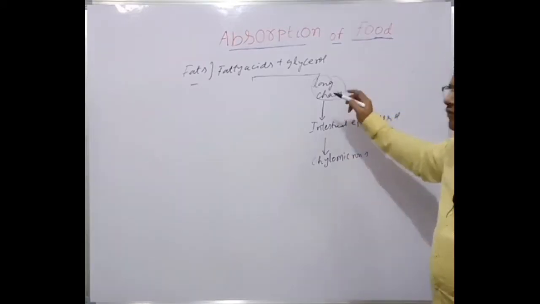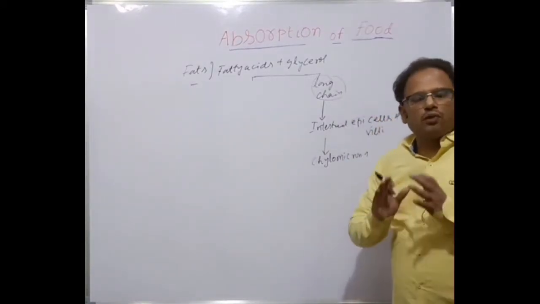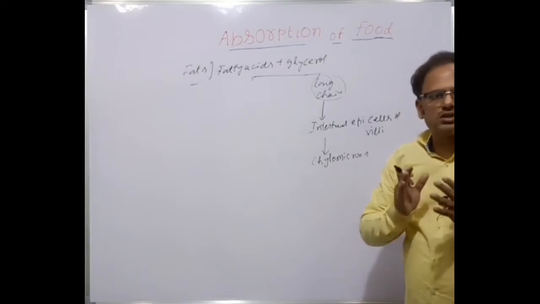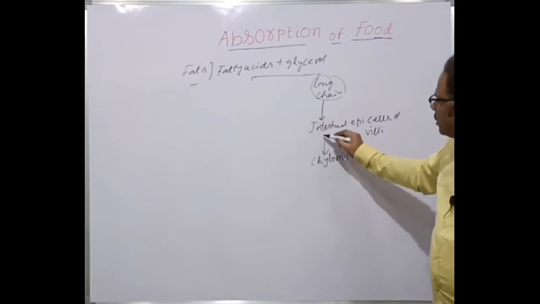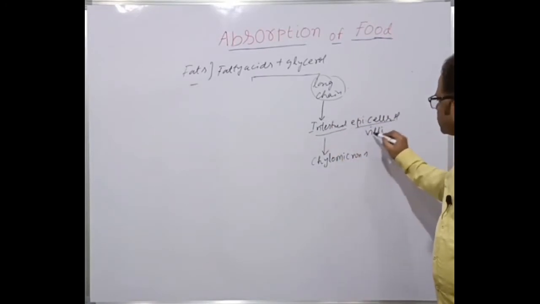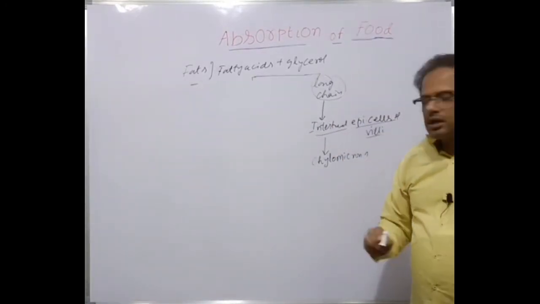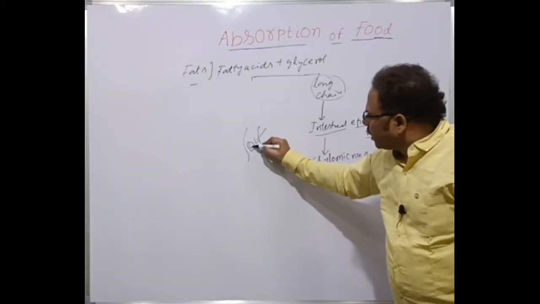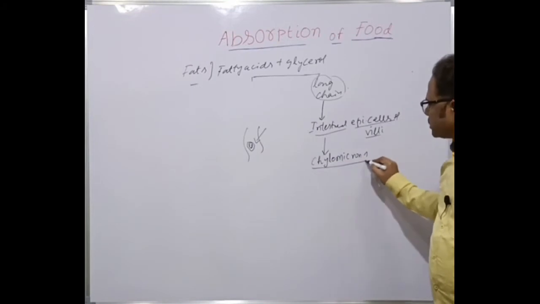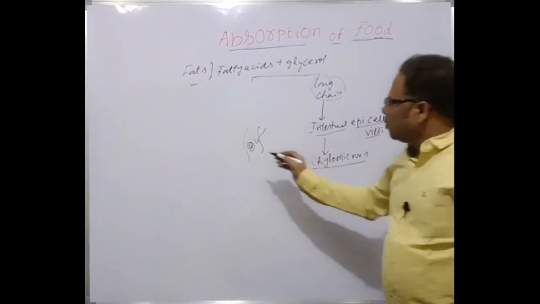Because they are not soluble in water, they first enter into the intestinal epithelial cells of villi, the columnar epithelial cells. Inside the columnar epithelial cells, these get converted into special particles called chylomicrons. What is a chylomicron?